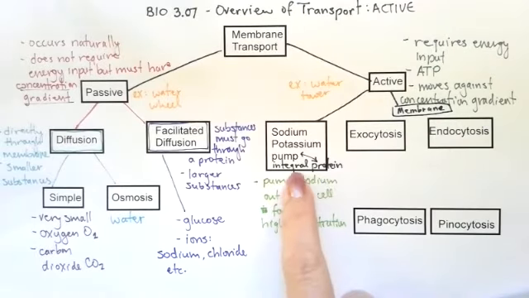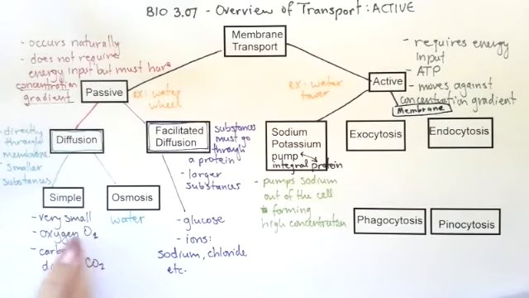So this is still an integral protein. Think of it this way. If we were at a car dealership standing in the showroom, we don't have to worry about getting oxygen and carbon dioxide and gases in and out. Gases go in and out naturally. They can just seep through the wall.